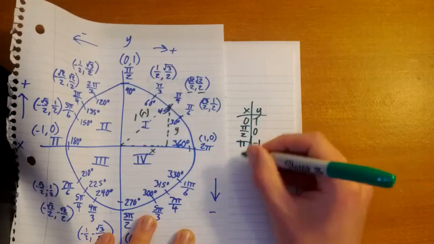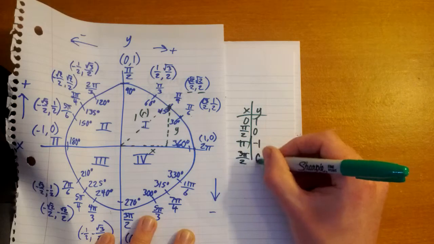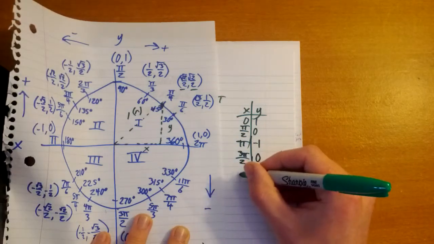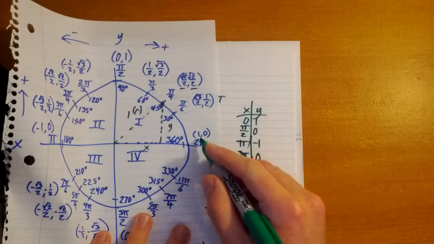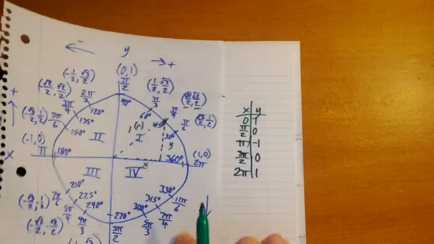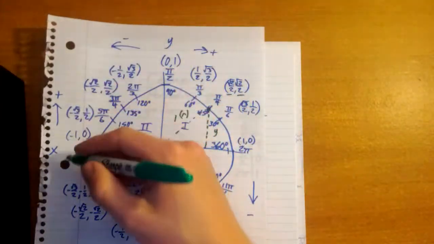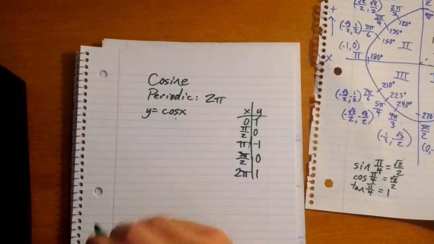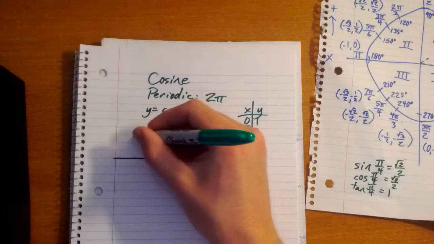At pi, the value is -1. Then 3 pi over 2, back to 0. And 2 pi is back to 1, right there. We've plugged these into this equation, so that gives us the values.